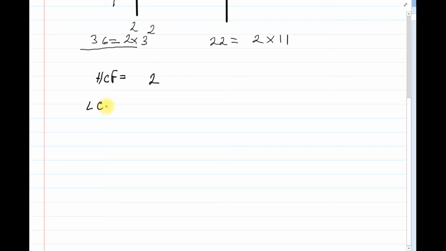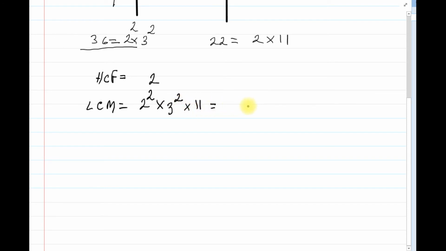The LCM would be, we take 2 as the common factor between them. We take the higher power, 2 to the power 2. There are no other common factors, so we use all the other factors which are non-common between the two, which would be 3 to the power 2, and 11.